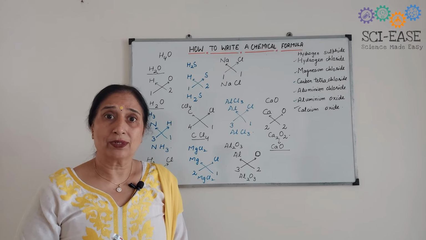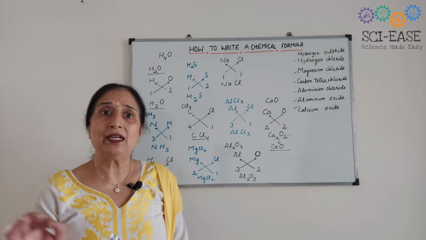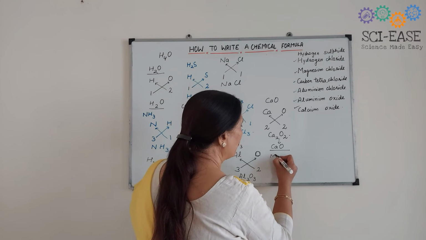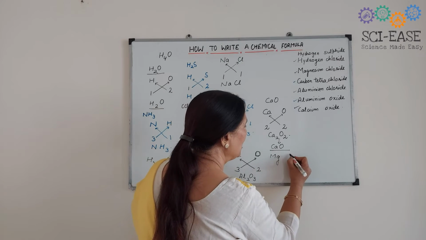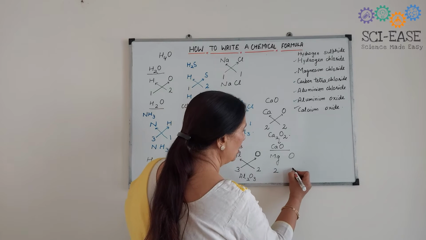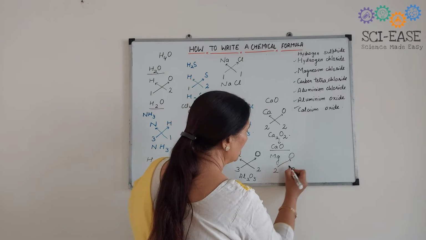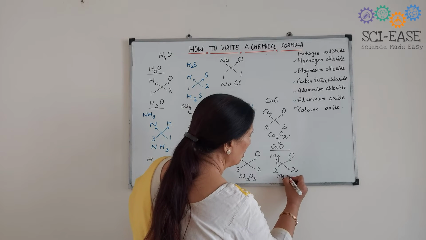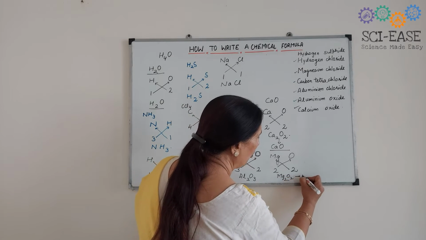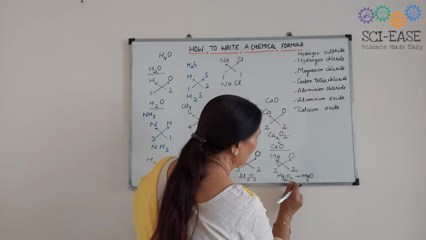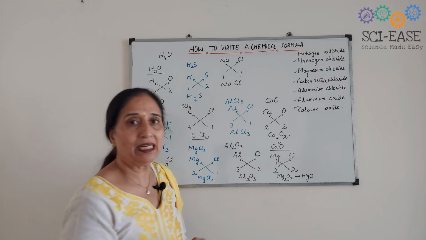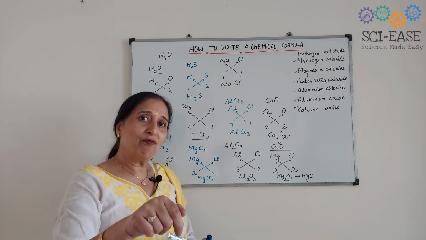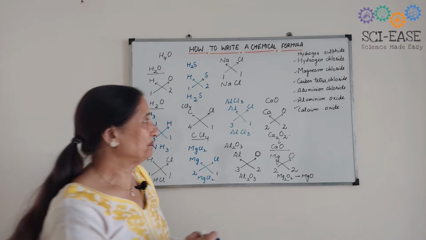In many compounds we divide by the common factor. You can take the case of magnesium oxide also. Magnesium has 2, oxide 2. Crisscross, you will get Mg2O2. But the formula is MgO. Why? We simplify it and divide by the common factor. Here I want to tell you one exception.